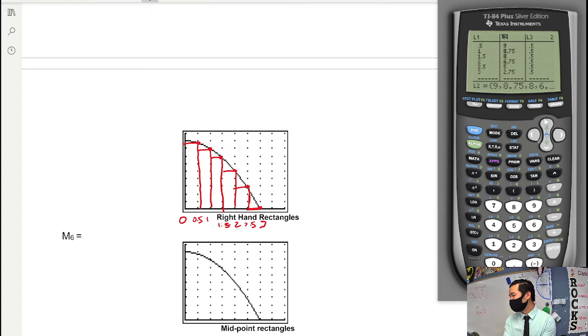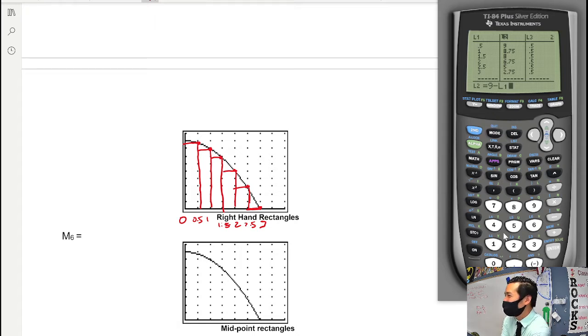So we're going to highlight up at the very top. We're not going to press delete. What are we going to press? You could press enter, or you could just press the number 9 and it'll delete everything. Oh, I've been pressing clear this whole time. You don't have to. You just have to press the number that you want, or you can press enter. 9 minus L1. Now this is the part that gets confusing.